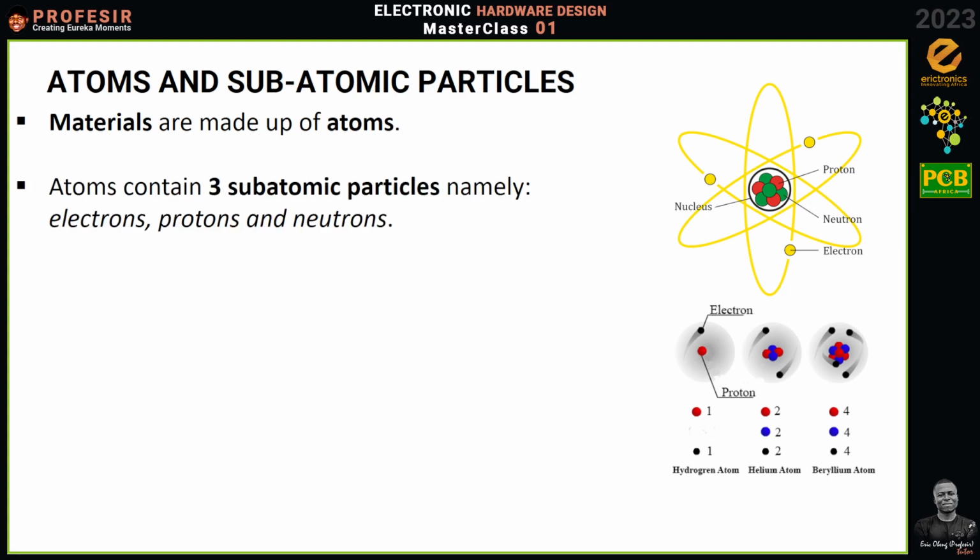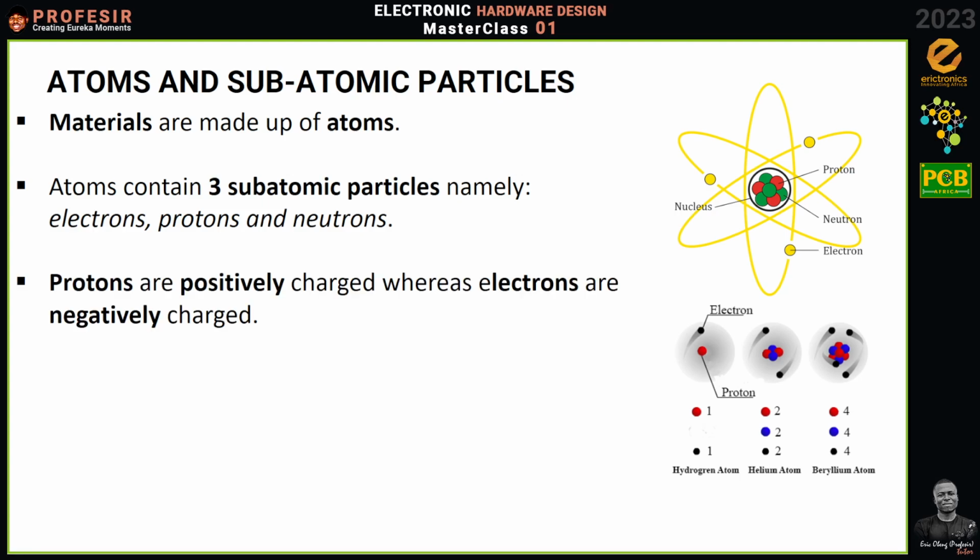Now, these atoms contain three particles. We call these subatomic particles, and we have electrons, protons, and neutrons. Protons are positively charged, and electrons are negatively charged.